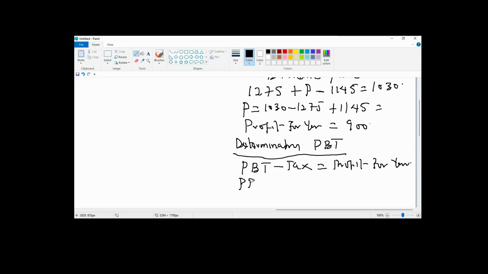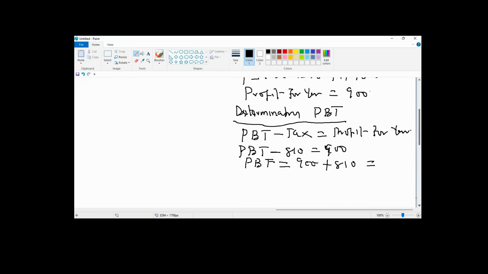We don't know. What is the tax paid? We see it in additional information. The tax for the year, not the one they pay. The tax for the year. 810. 810 and 900. I will now say profit before tax equals 900 plus 810. That is it.